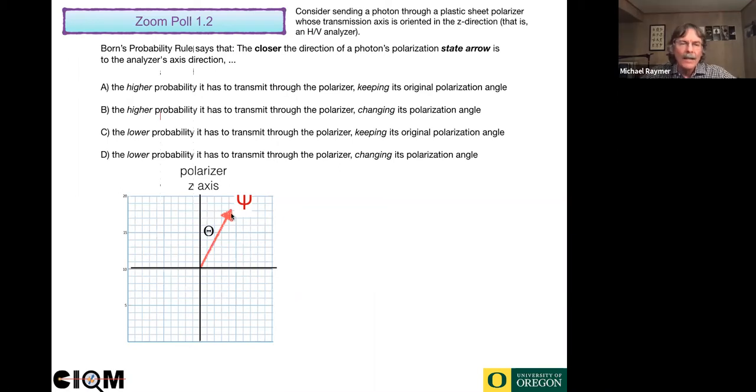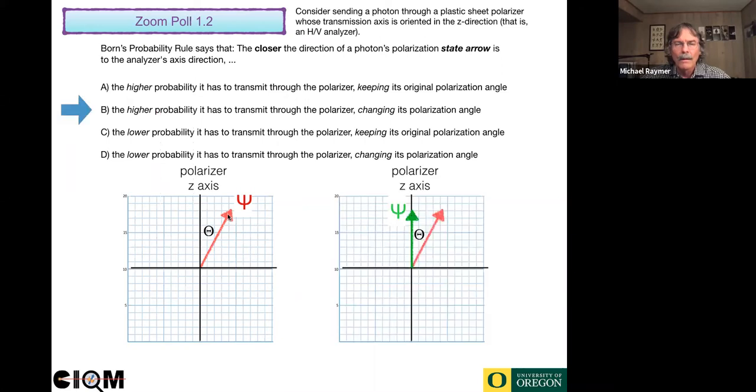And if the axis of the original photon polarization is not the same as the polarizer, remember, only the component of that state vector that is parallel to that will be transmitted. Therefore, in this example shown, the state of the photon polarization would be changed if it passes through this vertical axis polarizer. The only case where it would not be changed is if the state were already parallel.